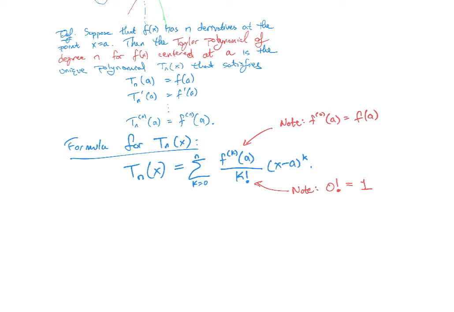I guess that's a definition. So when I say this, that's not me making a special definition of 0 factorial. That's me just reminding you that 0 factorial really is 1, and it should never be anything else. Okay, any questions?